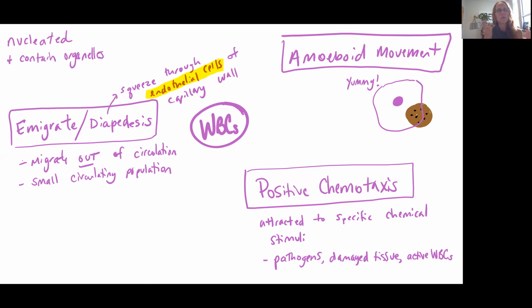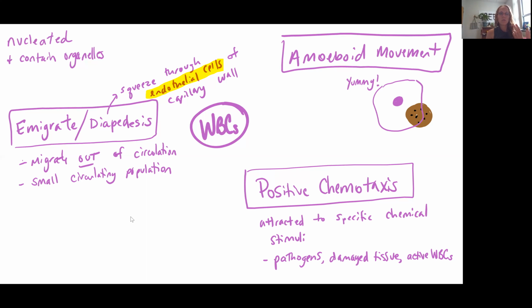So our three important features that we see for our white blood cells are that they can emigrate or perform diapedesis, meaning actually squeeze out of our capillary. Then they can move using amoeboid movement. Amoeboid movement is where you're sticking out a part of your cell and then moving in the direction of that cell.